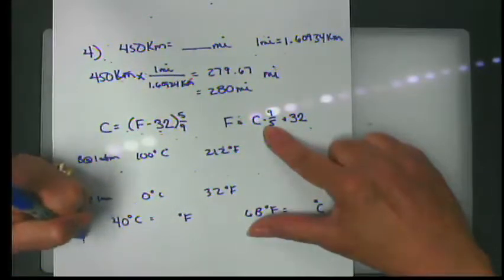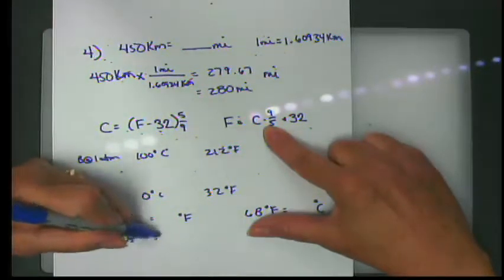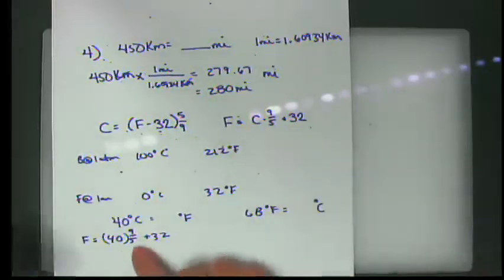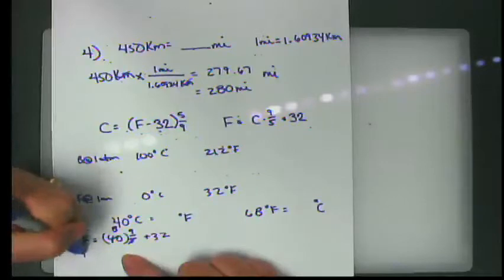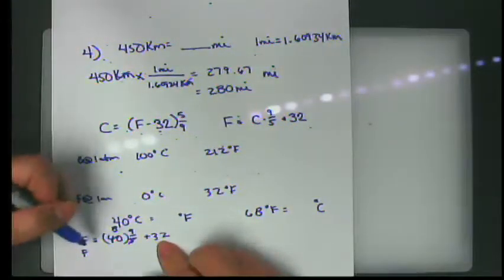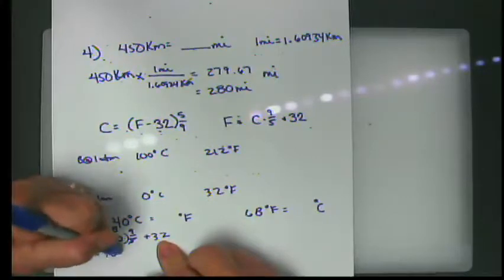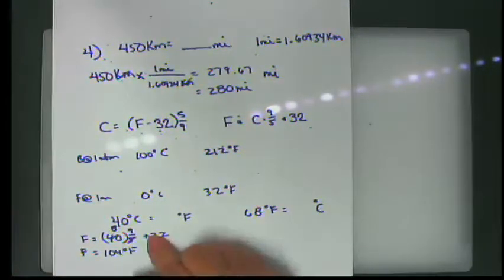So I would say the degrees Fahrenheit here equals 40 times 9/5, and then I add 32. So if I take 40 and multiply it by 9/5, 5 goes into that 8 times. So my Fahrenheit degrees would be 9 times 8, which is 72. So this is 104 degrees Fahrenheit. Okay, so in other words, I do the multiplication first, then I add.